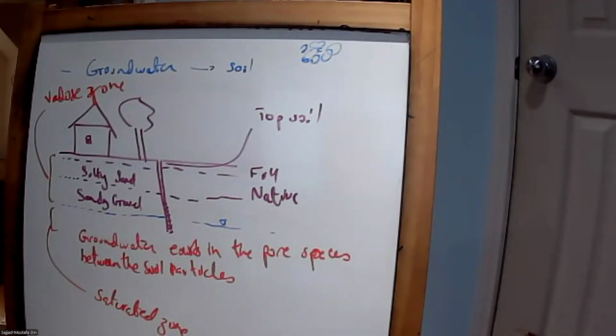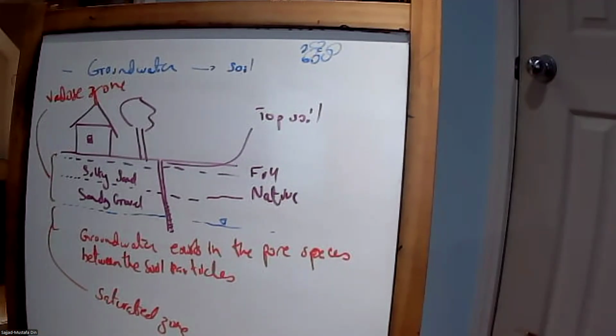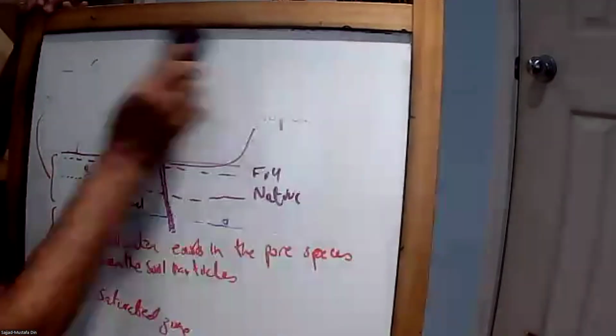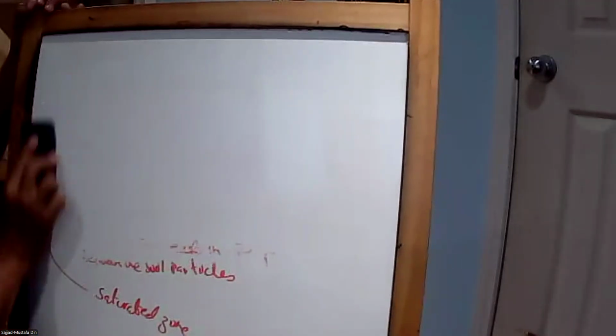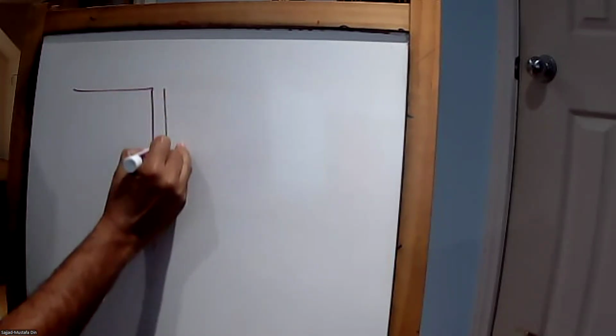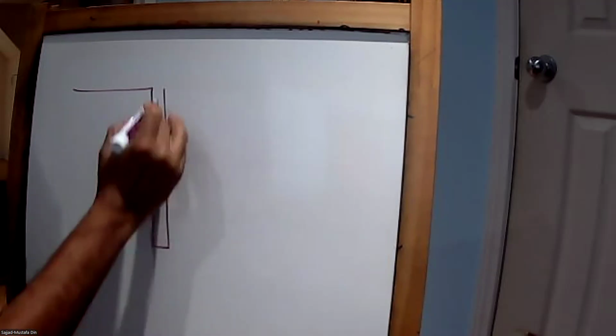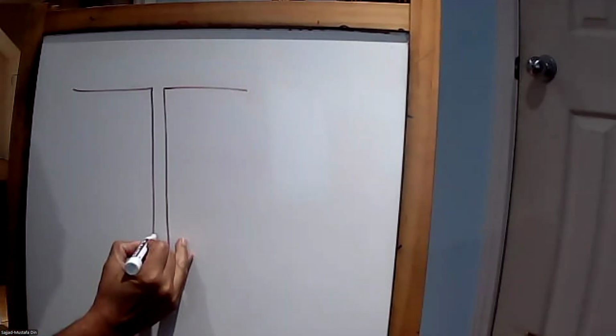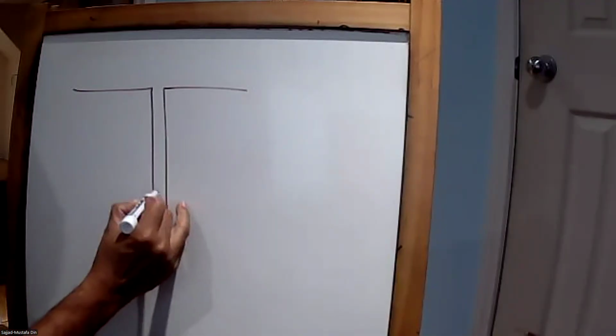And when you install a well, let's consider that we've installed the well. Again, let's draw the land surface, and we say we've installed a well. What we're trying to do is intersect the water table.